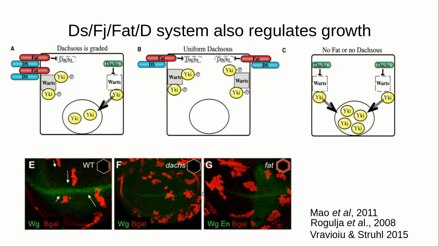So in both Dachsous and Fat mutants, clones are more or less round or amorphous. Okay, but Dachsous mutant clones are smaller because they grow less than wild type, whereas Fat clones grow much more than wild type clones. Okay, this is because of this experiment.